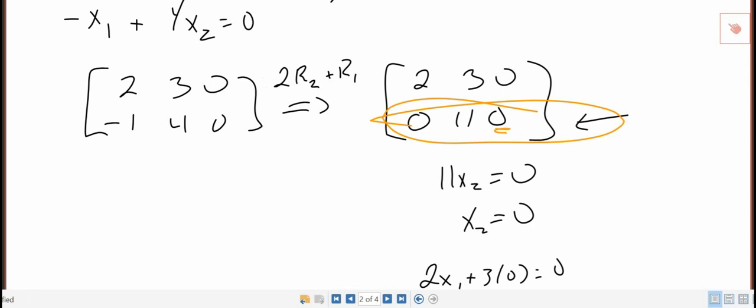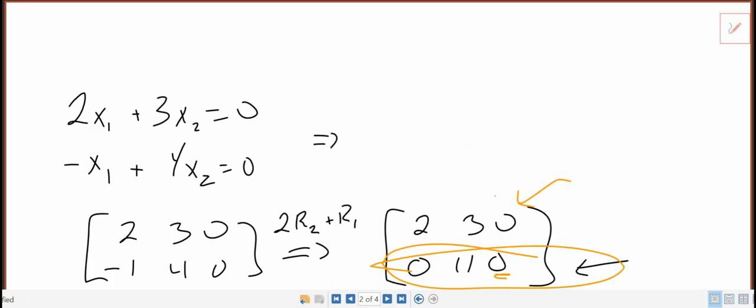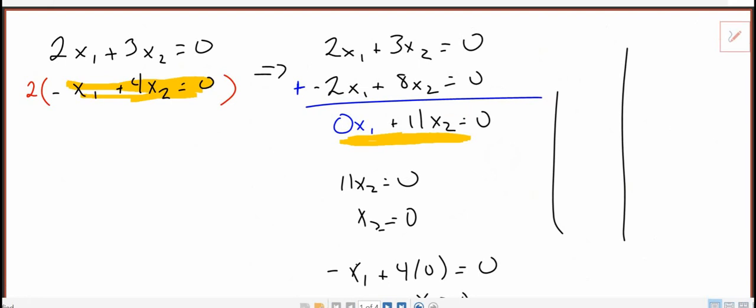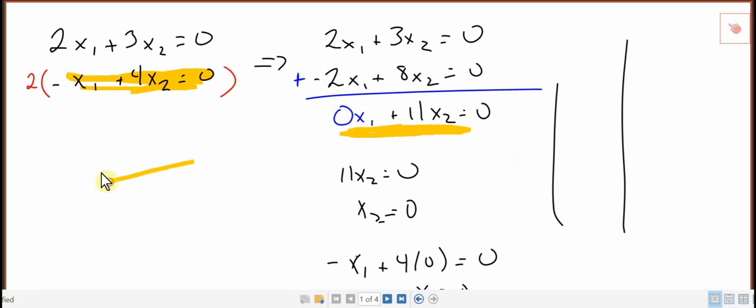Then you go back and substitute in, because you should have a row with that one and another variable, like this row. I know what x2 is, so I can evaluate that equation to find the other variable. It's just back substitution. It's the matrix way of writing exactly what we did up here.